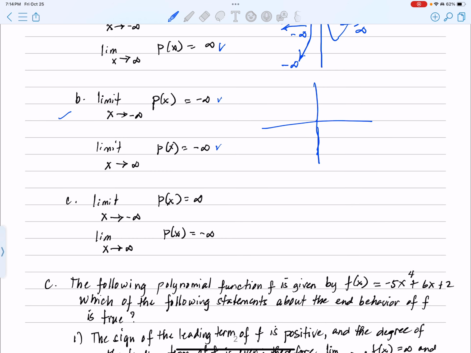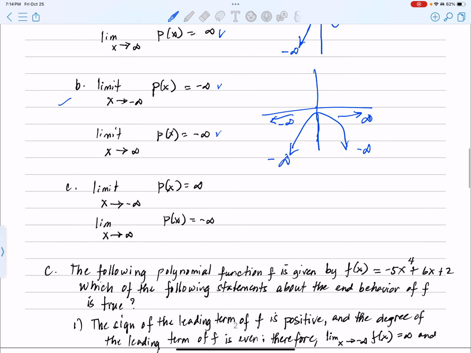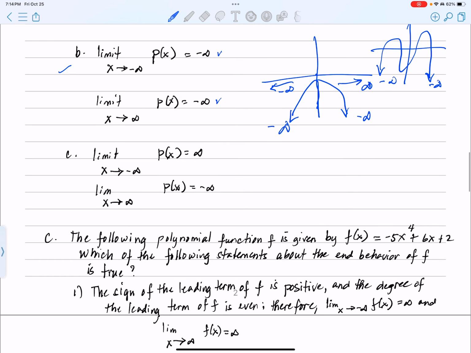I could say its direction goes that way because both are negative: negative infinity as x approaches positive infinity, and negative infinity as x approaches negative infinity. You can do a lot of graphs because we don't know the degree, so long as both ends are facing down, because both are negative infinity.